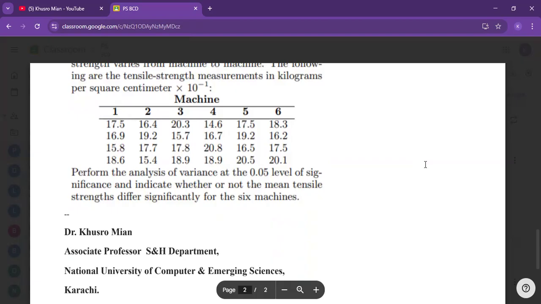Perform the analysis of variance at the 0.05 level of significance and indicate whether or not the mean tensile strengths differ significantly for the 6 machines.